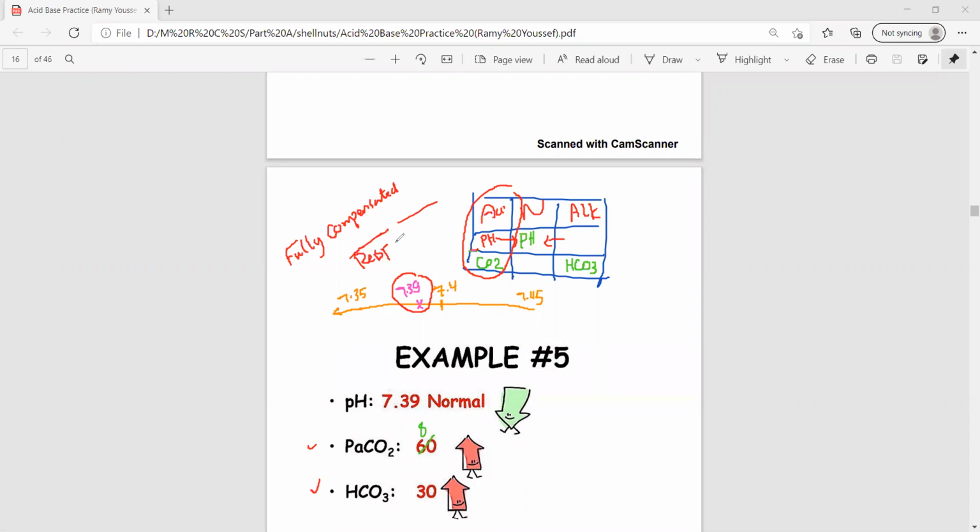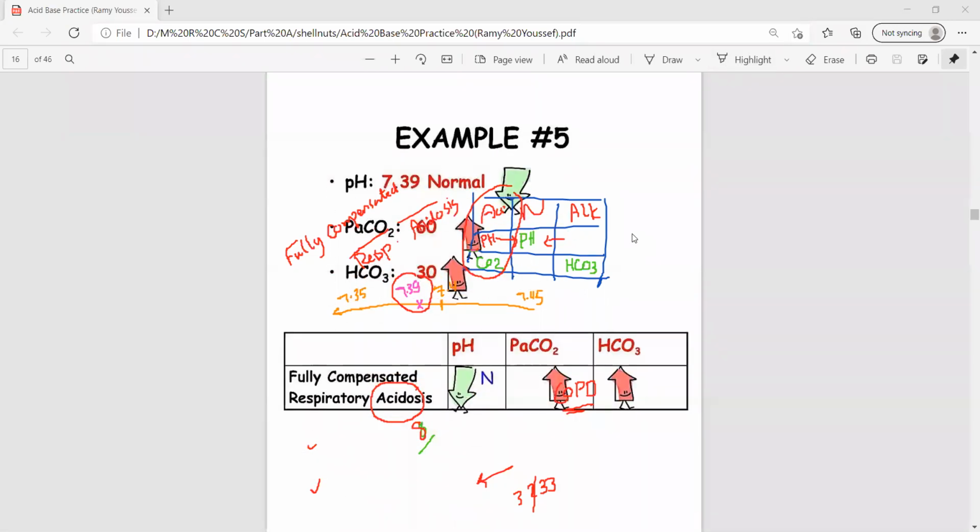This is a fully compensated respiratory acidosis. This is the picture you find in COPD. Chronic problem, you find HCO3 sometimes 32, 33, and the CO2 is high.